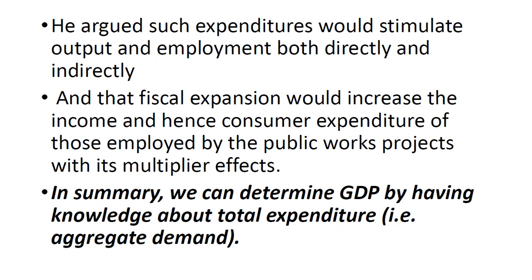So Keynes argues that such government expenditures will stimulate output and employment both directly and indirectly. The logic is that if government decides to undertake a project and spends some amount of money, that money will be received by people as income.